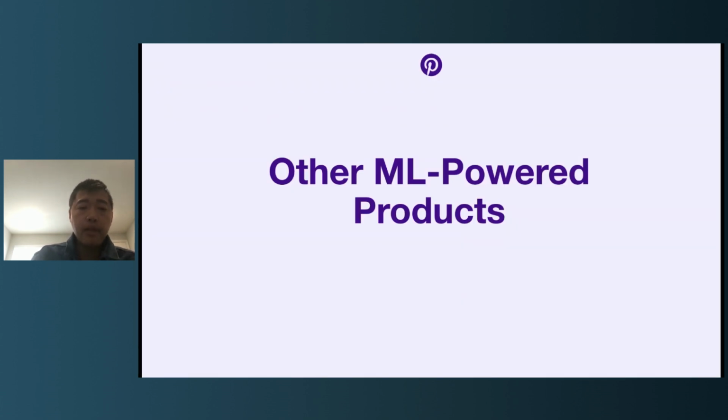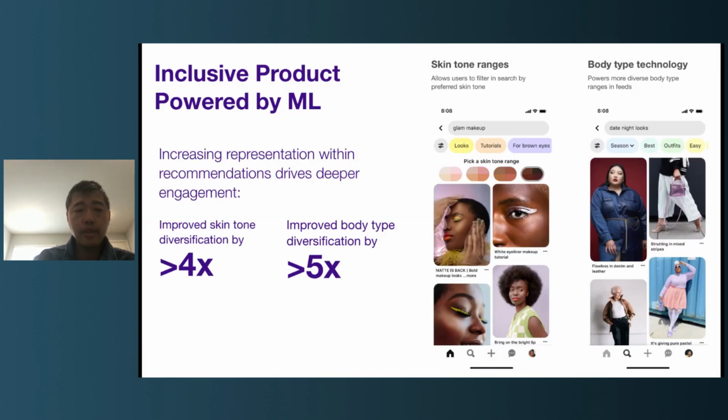So now, let's talk a little bit about some other interesting machine learning powered product features besides the traditional recommendation systems and search systems that we just talked about. The first thing I want to say is that at Pinterest, we have made it a priority to build an inclusive product.